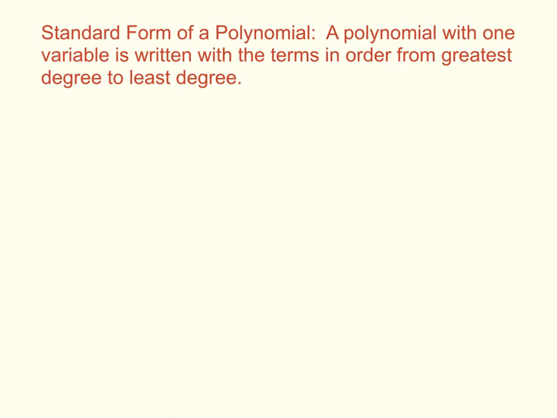Standard form of a polynomial. A polynomial with one variable is written with the terms in order from greatest degree to least degree. So for example, 4x squared plus 3x plus 7. That is standard form. We go in descending powers of our variable. X squared, x, and then nothing.